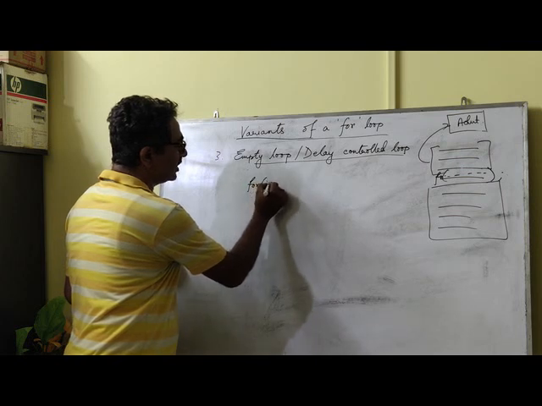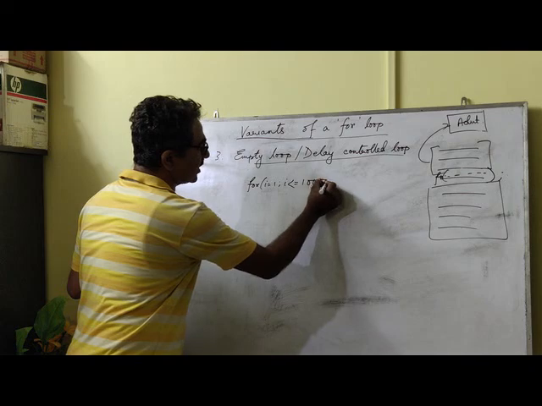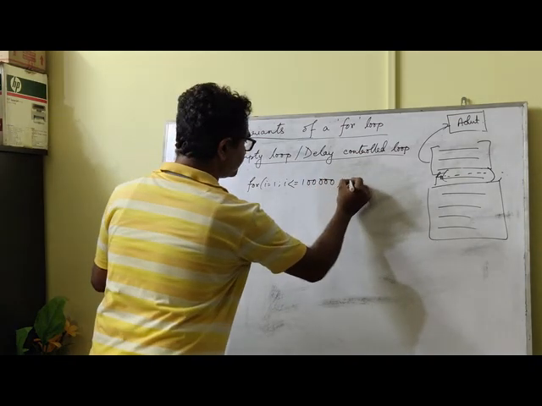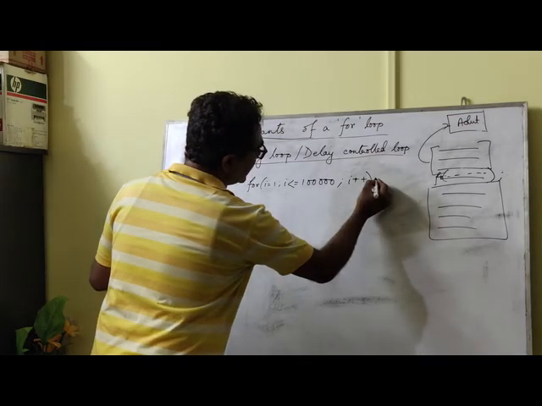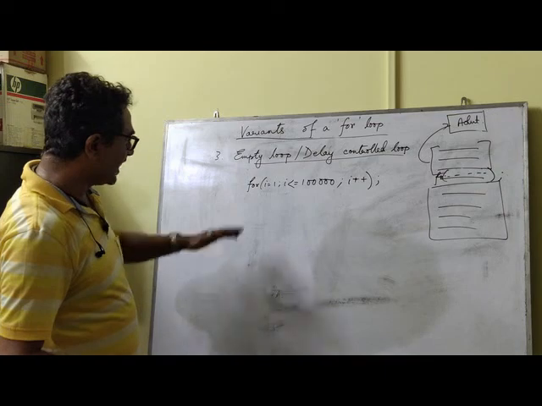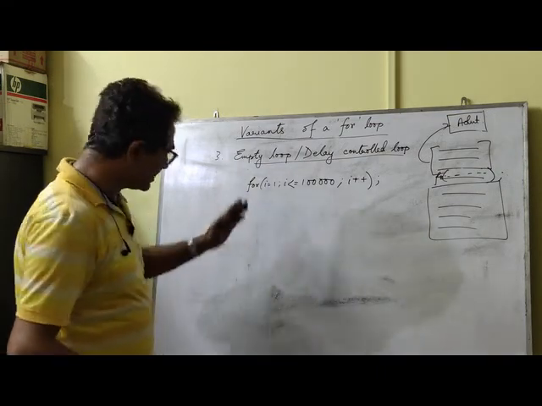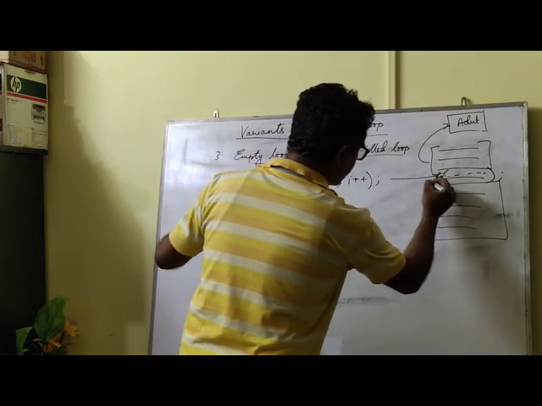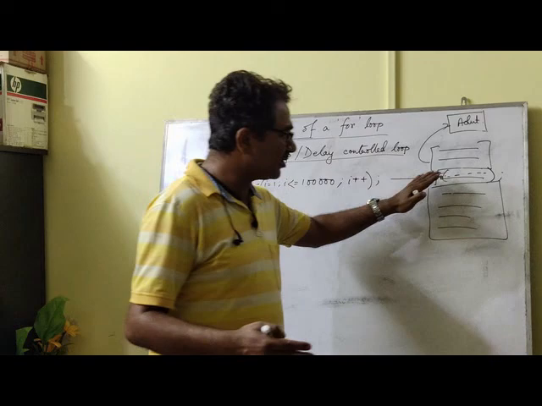For I equal to 1, I less than equal to 100,000, say 1 lakh, I plus plus, and note that an empty loop is always suffixed with a semicolon, indicating that this particular loop does not have a body. Now say for example, this particular statement is written over here. Executing 1 lakh times naturally takes a certain amount of time.